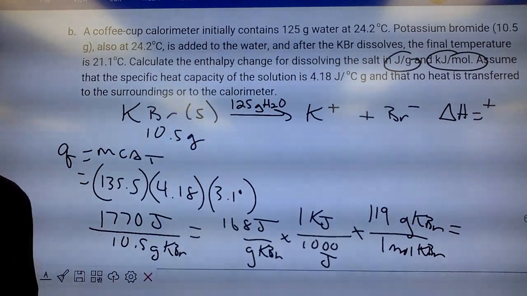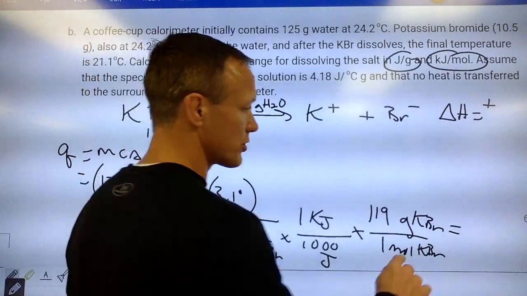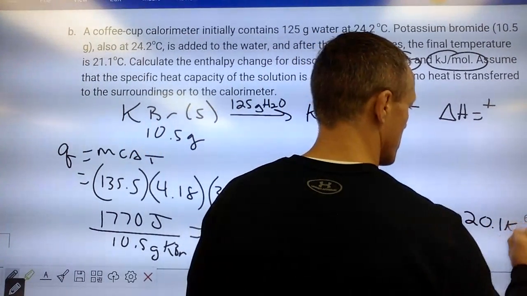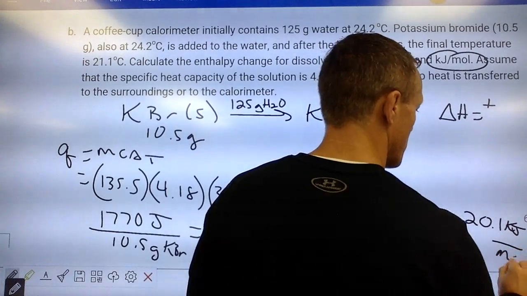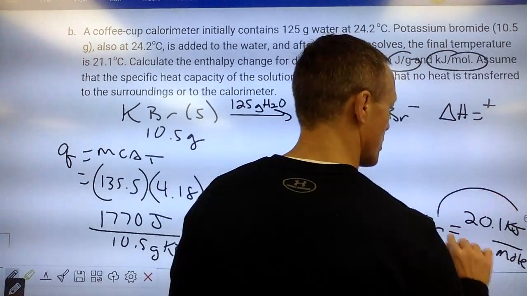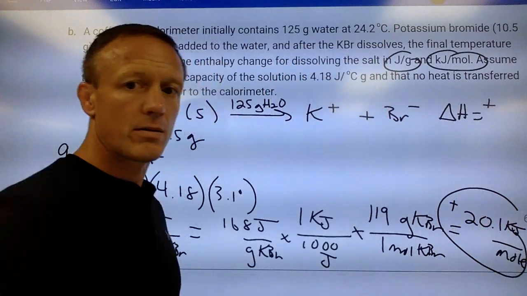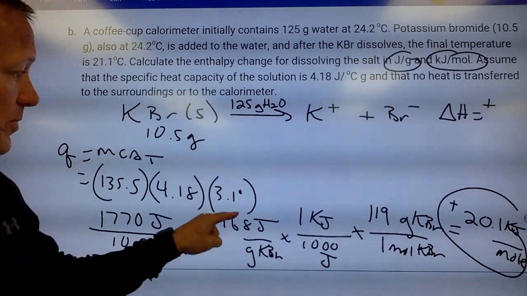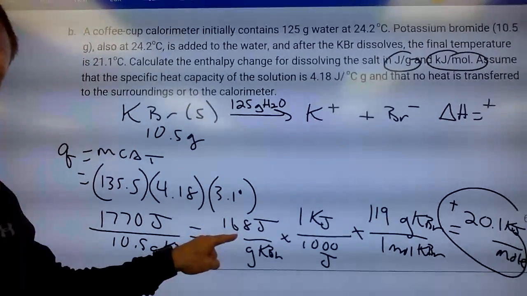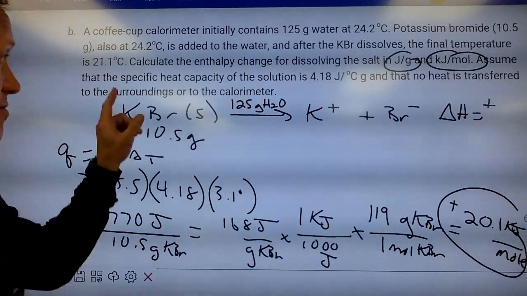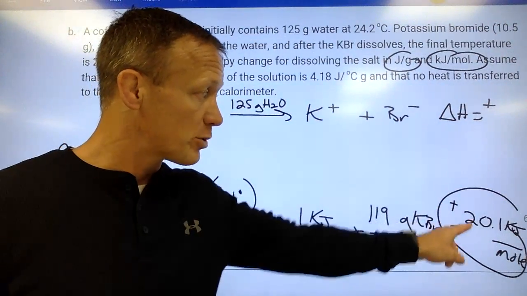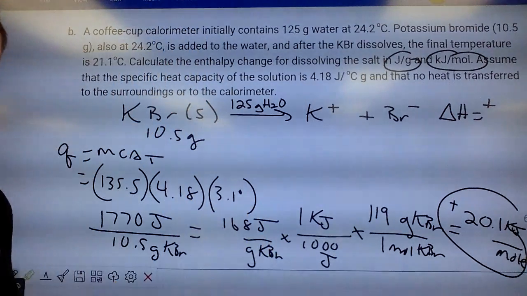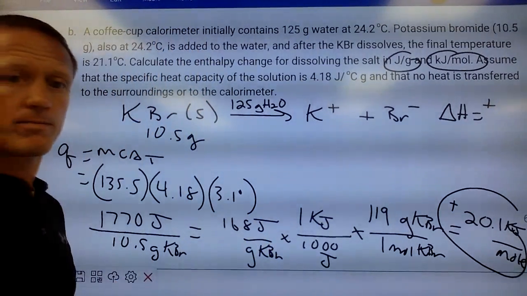So if we do that, I end up with 20.1 kilojoules per mole, a positive value. So for every gram of KBr that dissolves, there's 168 joules absorbed. For every mole of KBr that's dissolved, it absorbs 20.1 kilojoules. And again, it's absorbing that from the solution, from the water, making the water get colder.